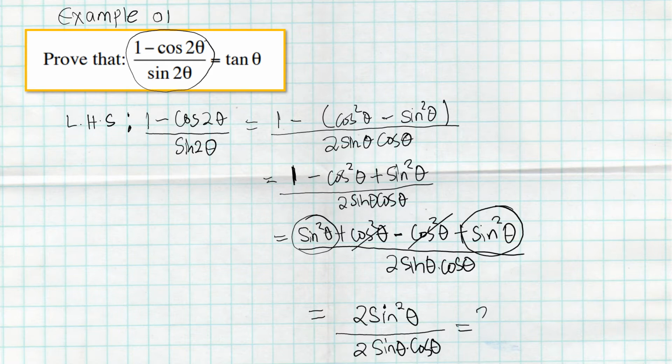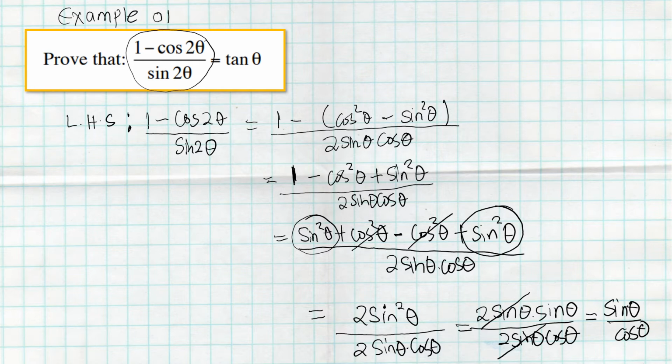Okay, we know that 2 sine squared theta is the same as 2 sine theta times sine theta, divided by 2 sine theta cos theta. So 2 sine theta and 2 sine theta will cancel out each other. We'll be left with sine theta over cos theta. And this is tan theta. Can you see?